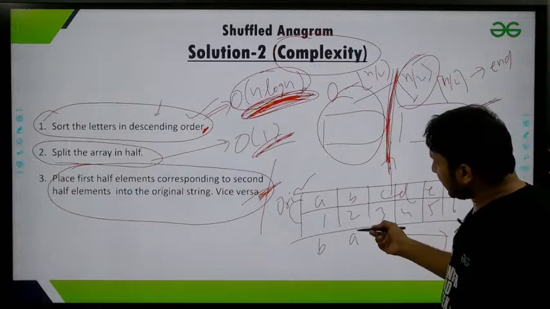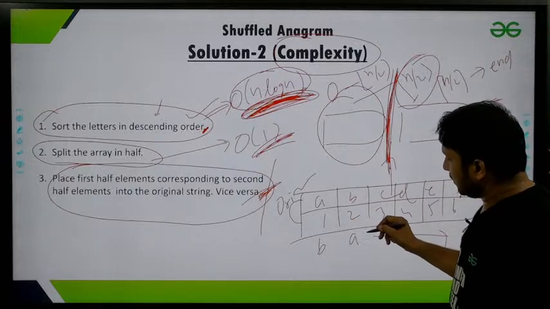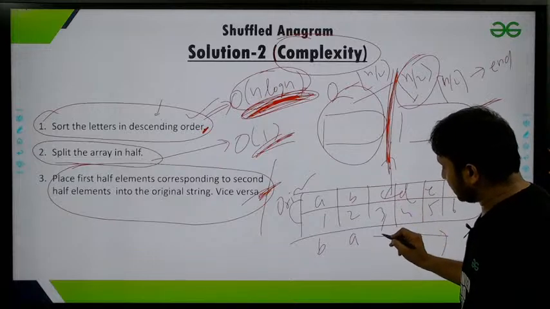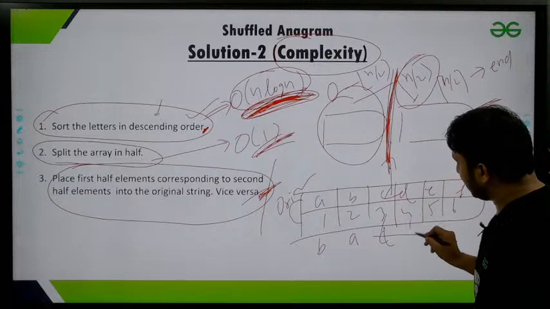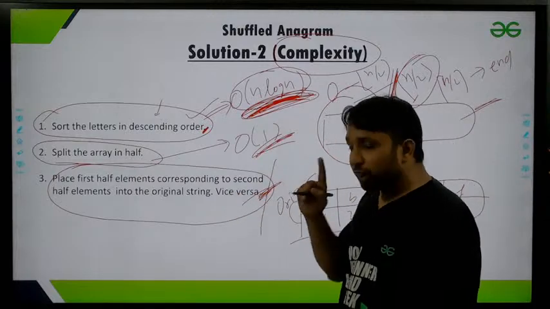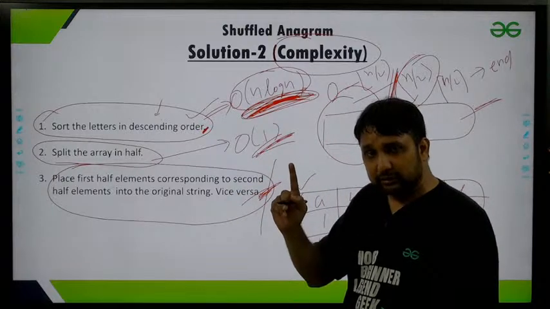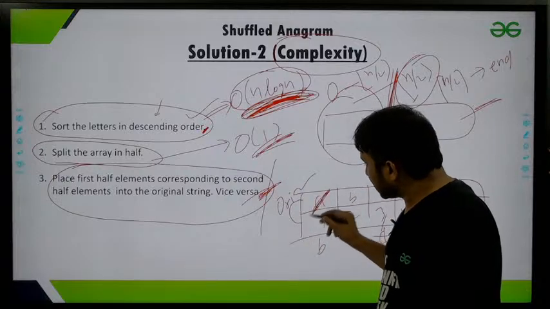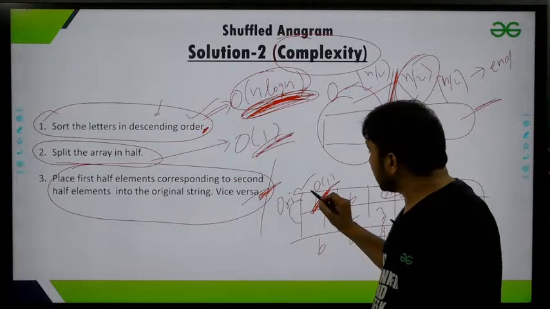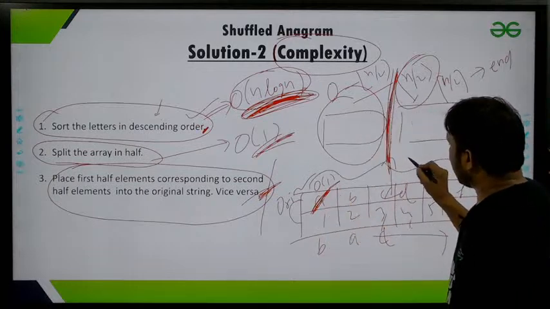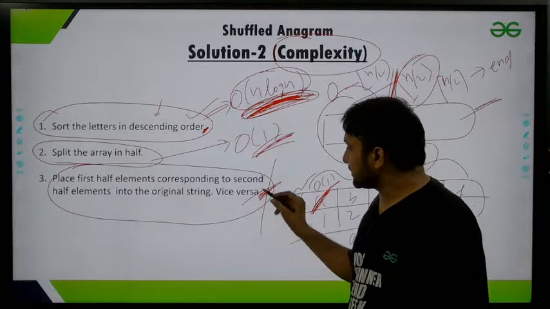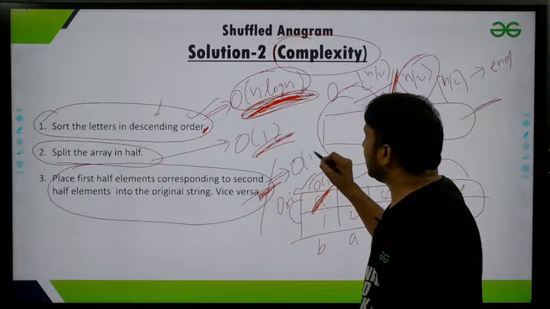So directly I can go to that location and change it. What I mean to say is that changing one character will take order of one time, constant time. But how many characters am I changing? N characters, where N is the length of the string.